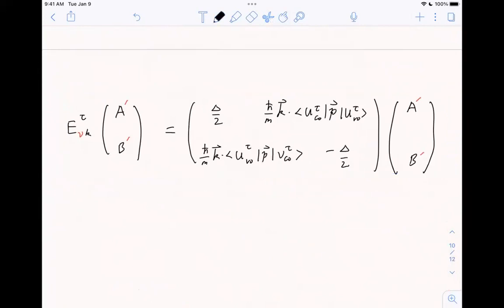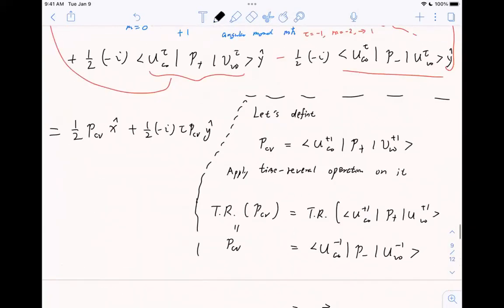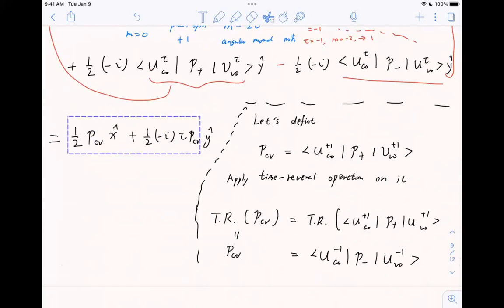Okay, so we're going to write this. This is H bar K. We're going to get this thing. Let me write it in a better way.